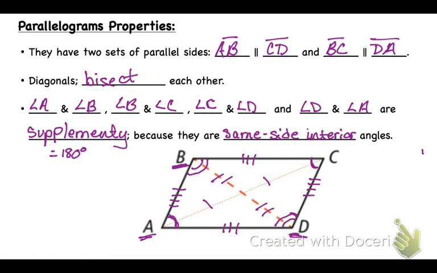All the angles add up to what? 360. Okay. So, anything else we know about this shape?